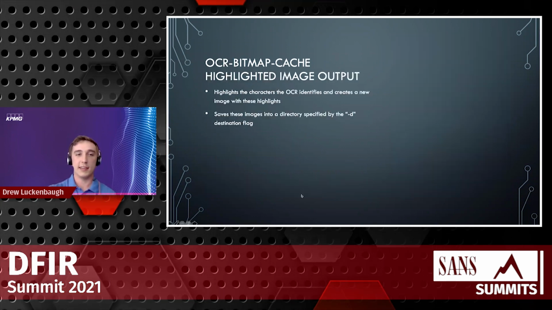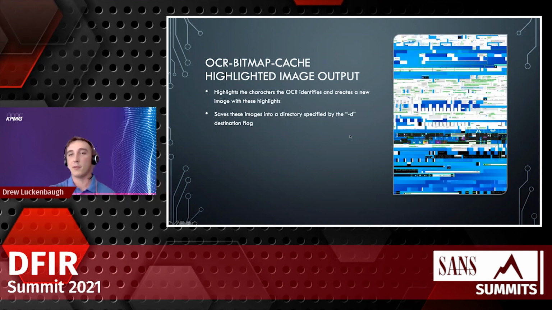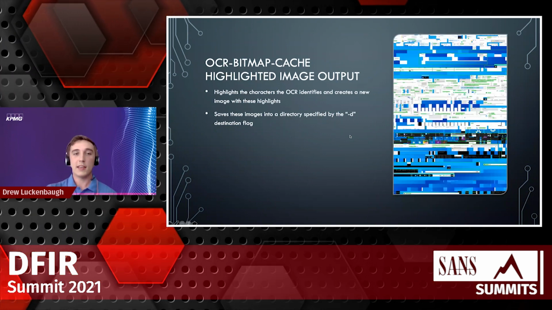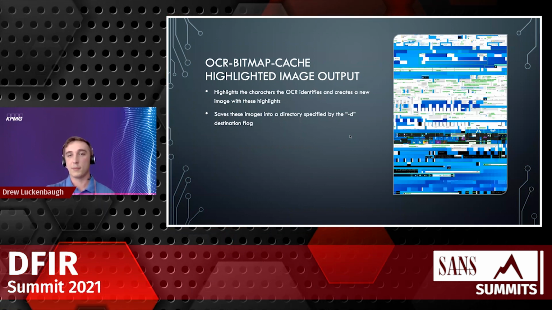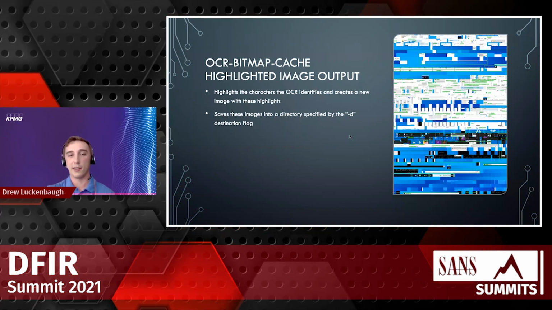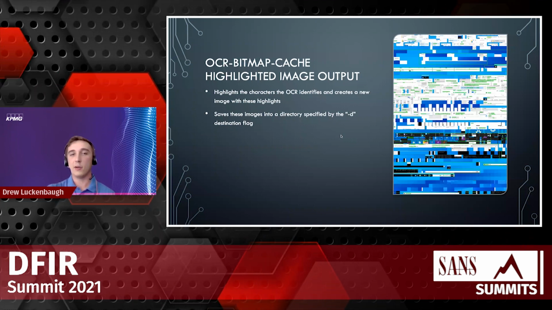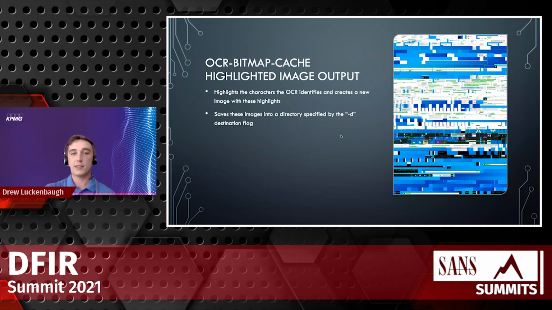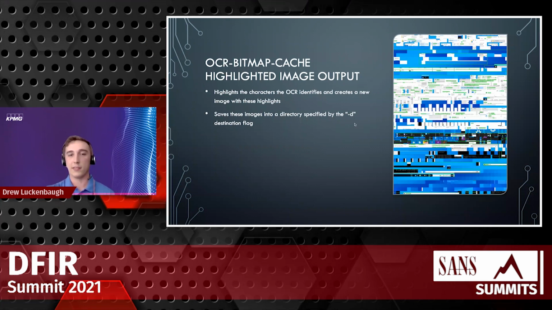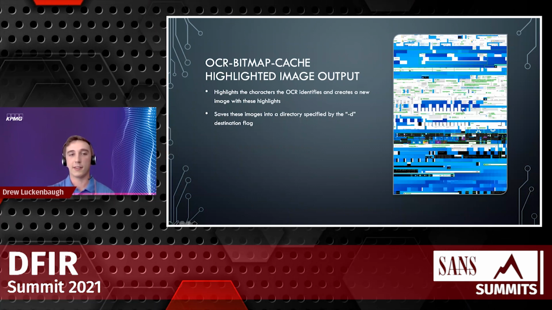So next, the next output is the highlighted image output itself. So these will be located in a destination folder that you provide the script as a command line argument. And then they'll be highlighted around the words or characters the OCR identifies. So an example can be seen here where the OCR was run on this entire collage.